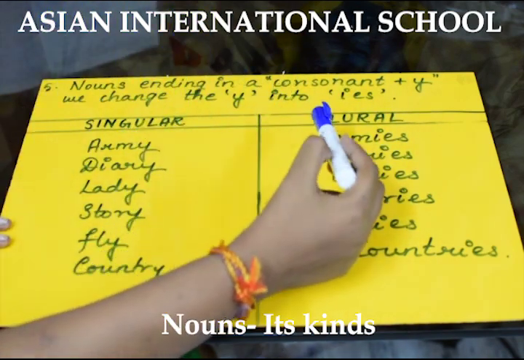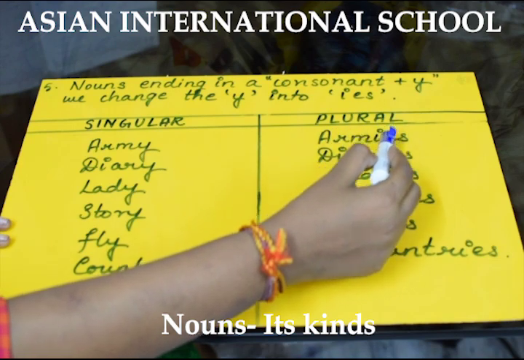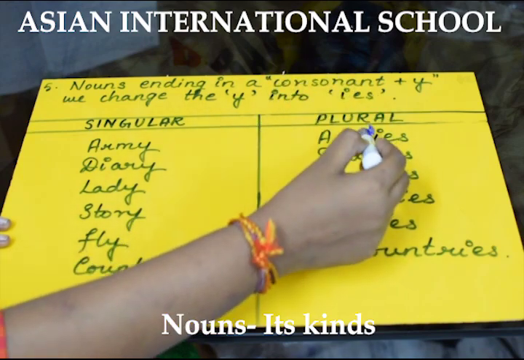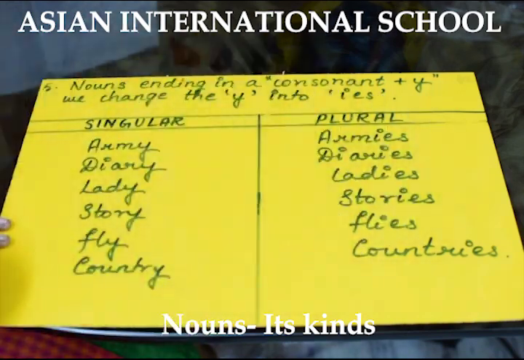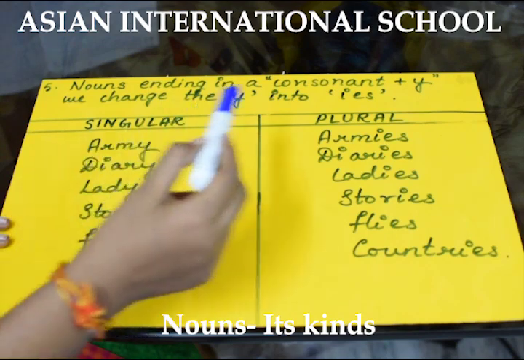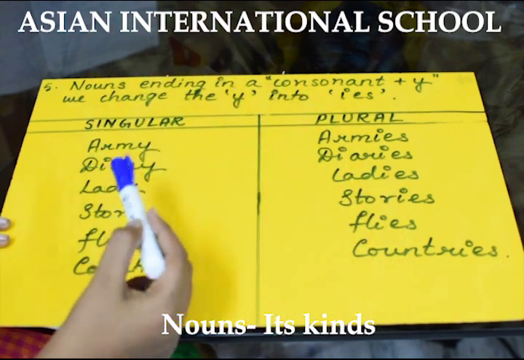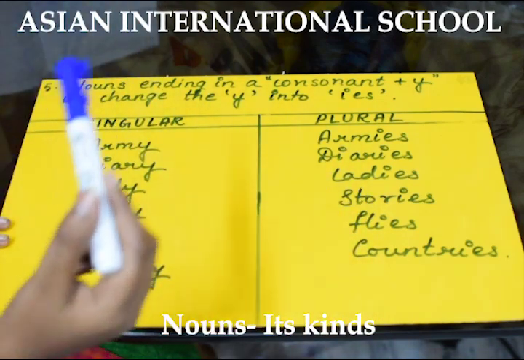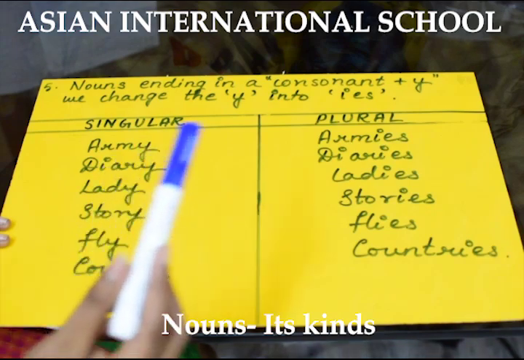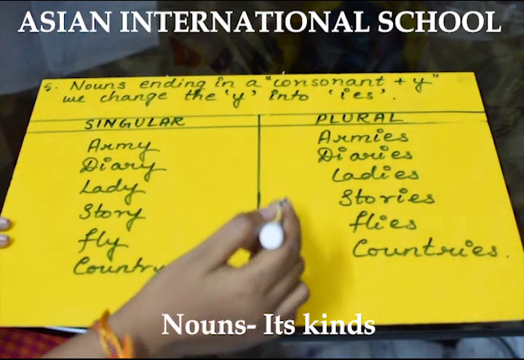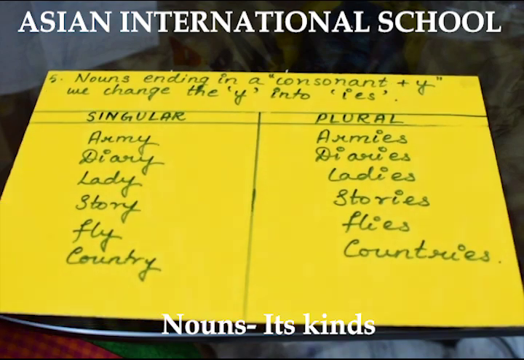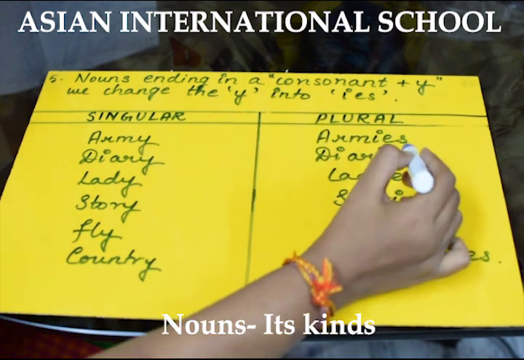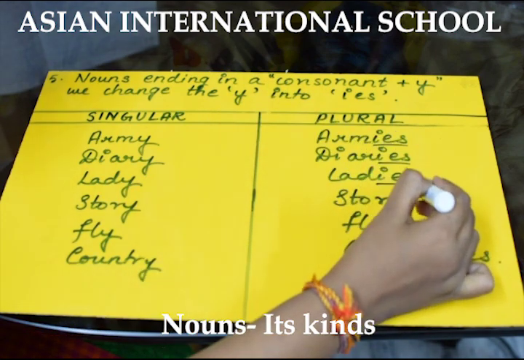So we get armies. Similarly, diary becomes diaries. Lady becomes ladies. Story becomes stories. Fly becomes flies. Country becomes countries. We see in all these words we have removed y and replaced it with ies.